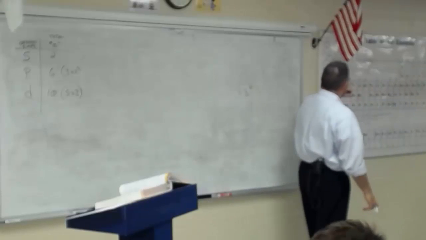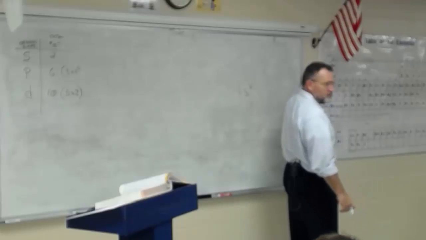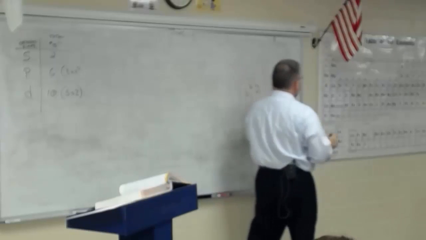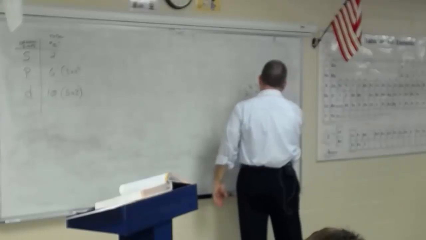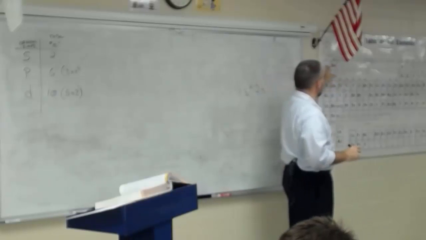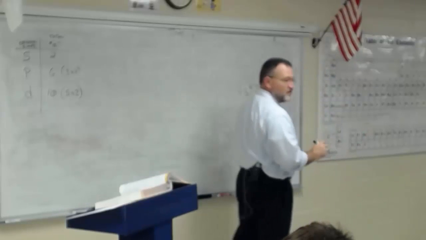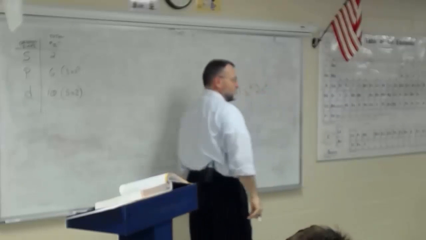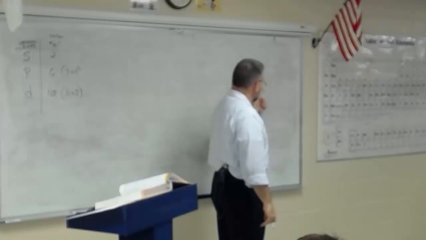The third electron is going to be in the second energy level, second row. So it's a 2s: 2s1, 2s2. I've got 2 electrons in the 2s orbital, 2s2. So this accounts for the first 2 electrons, and this accounts for the second 2 electrons.